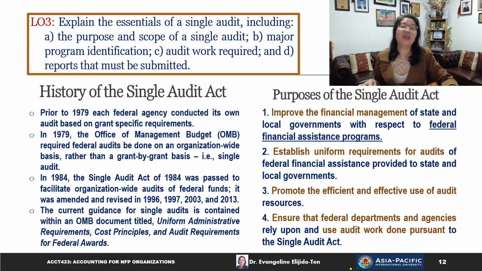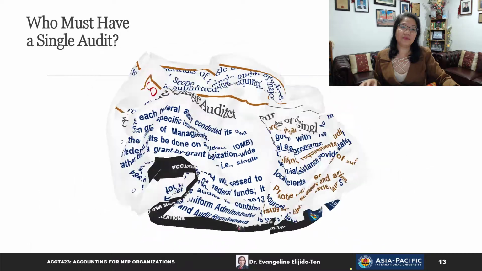And the fourth is to ensure that federal departments and agencies rely upon and use audit work done pursuant to the Single Audit Act. So a lot of this is driven by the desire to establish uniform requirements for audits and of course to improve financial management and make it more efficient and effective.